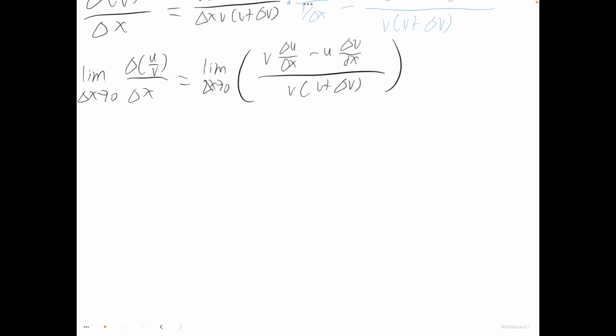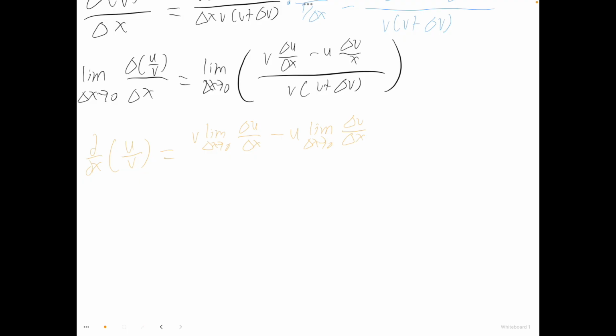Now, on the left-hand side, we get the derivative that we want. We get the derivative of u over v. And on the right-hand side, we're going to break this limit up using limit rules. So we'll have v times the limit as delta x goes to 0 of delta u over delta x minus u, the limit as delta x goes to 0 of delta v divided by delta x.